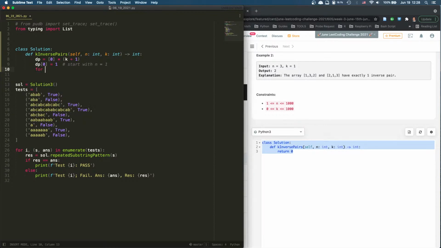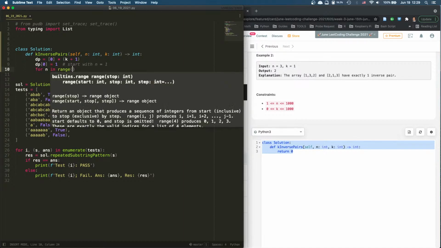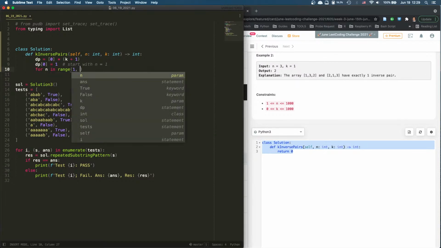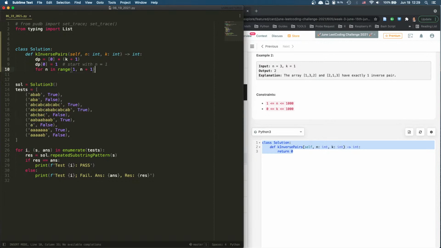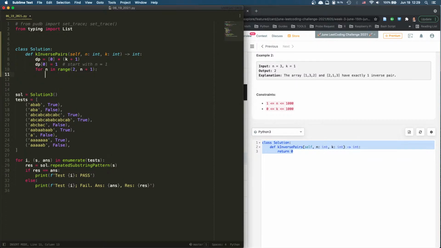And then we say for n in range 1 to m plus 1. Actually, because I want to start with 2, right? I want n to start from 2. So it's going to be from 2. And then what do we do?